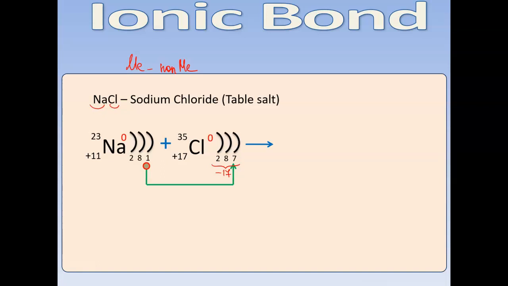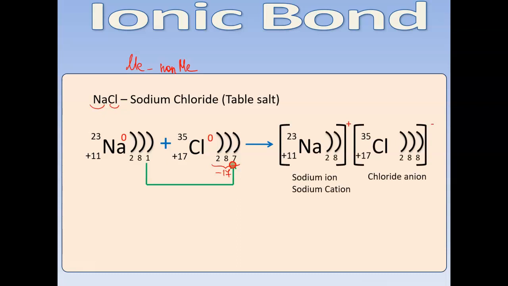So one electron from sodium goes to chlorine, and what happens after that? Sodium loses its electron.